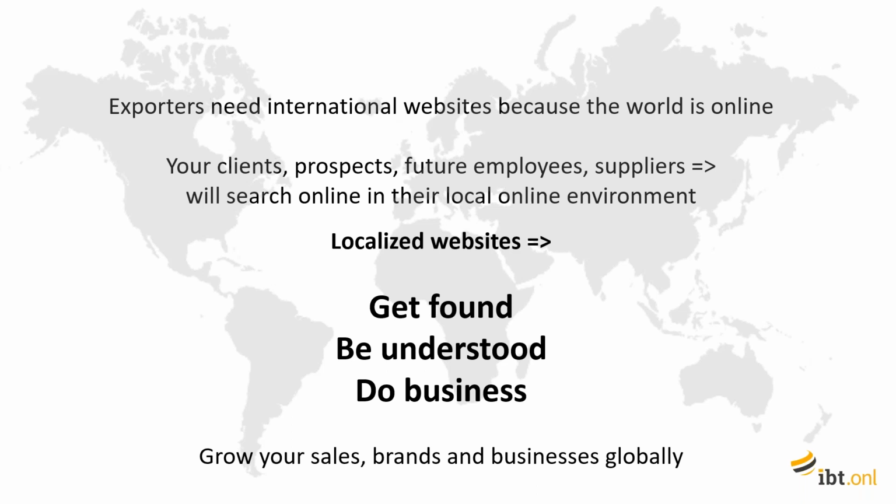You know also that anyone looking at a new prospective supplier will look online, but they will look in their local online environment. They will search for you on Google.ca. And even if they're on Google.com, it'll be Canada specific. So a localized website allows you to get found and allows you to be understood, and therefore do business as you grow trust and confidence through the buyer's journey.